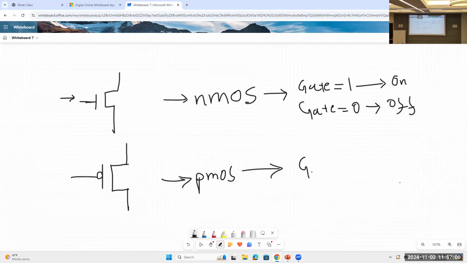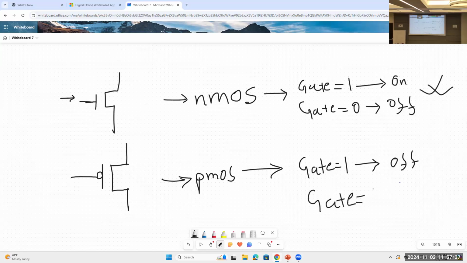By this I mean that if gate equal to 1, the device will be off. You have to just remember this. NMOS is a normal operation. You can treat NMOS as normal, but PMOS is a weird device, which means it will act in the opposite way to NMOS. When gate is equal to 1, this is off.